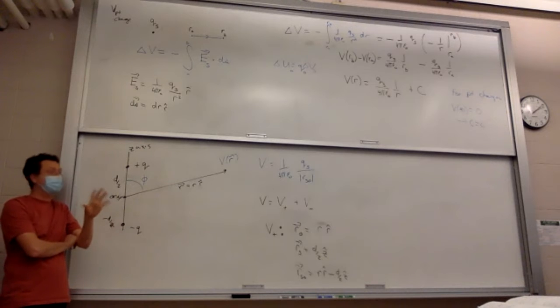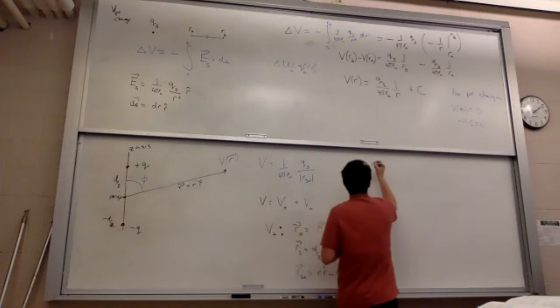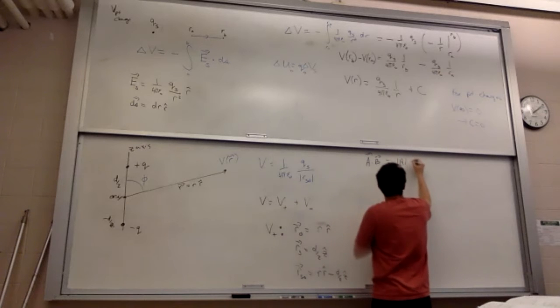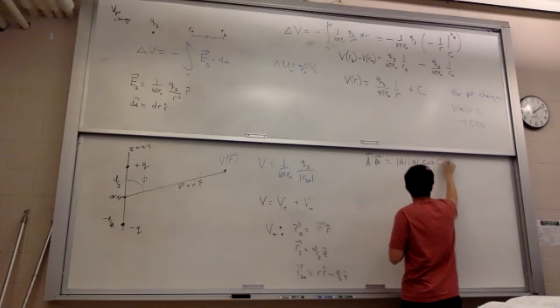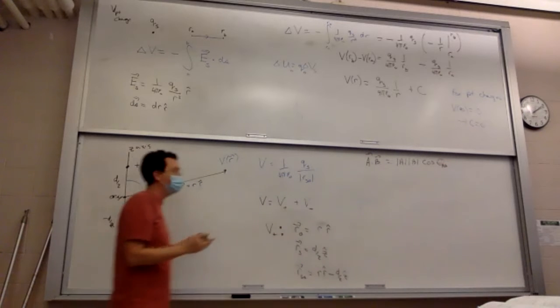It would be 0, but since they're not perpendicular, the dot product is not 0. Remember, for A dot B, the general formula is the magnitude of A times the magnitude of B times the cosine of the angle between them. That's the general definition of the dot product.